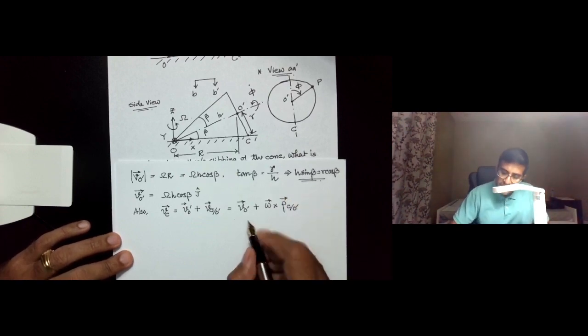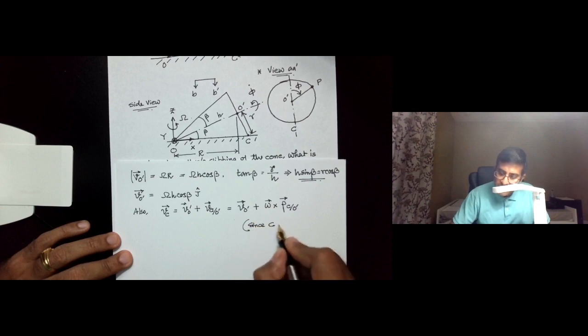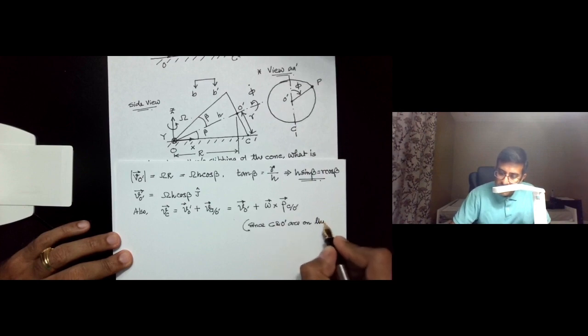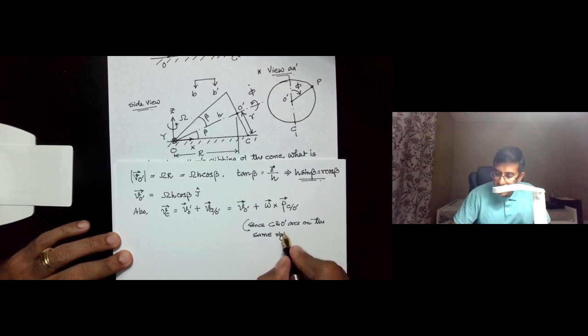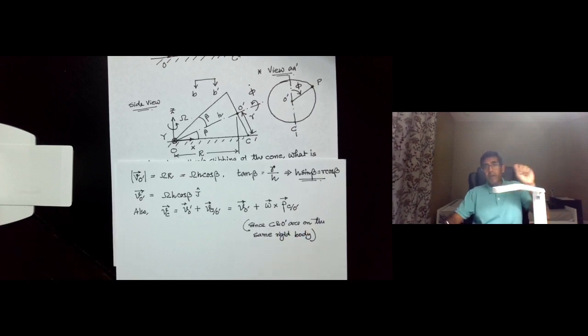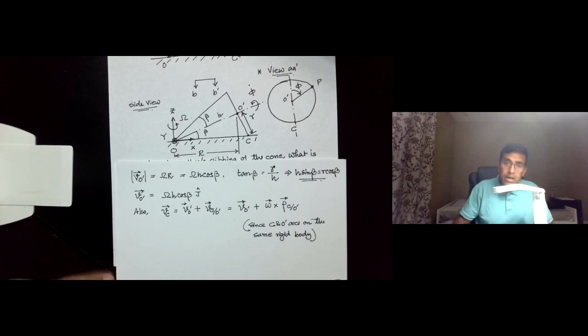Okay, C and O prime are points on that same rigid body.